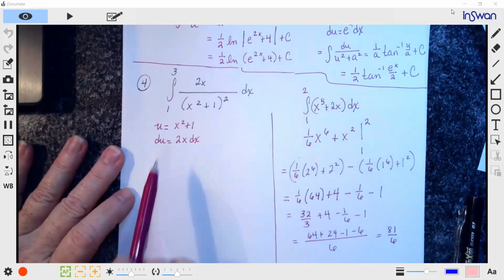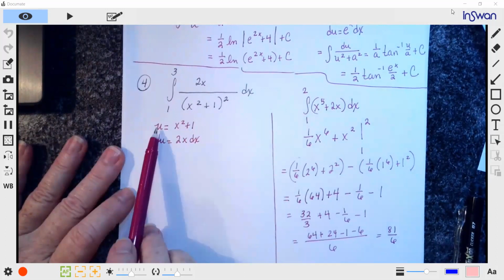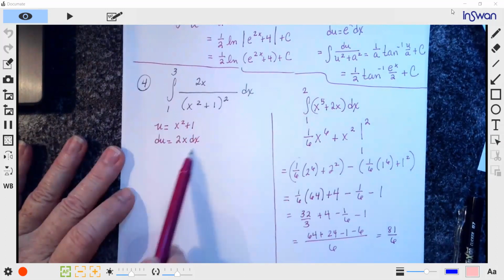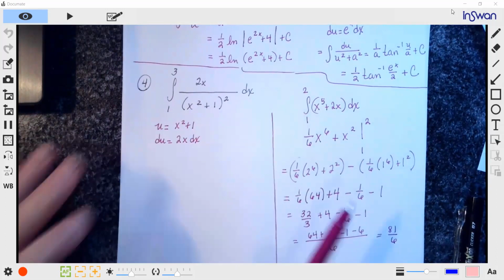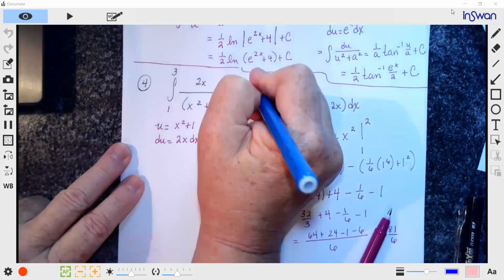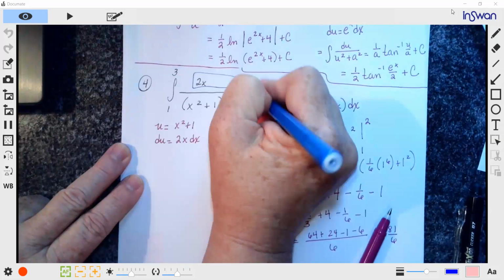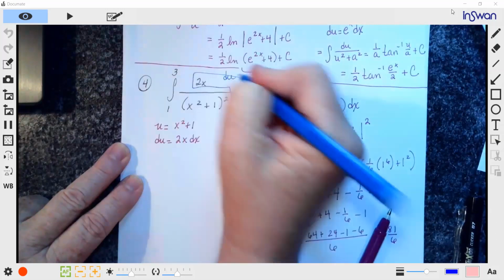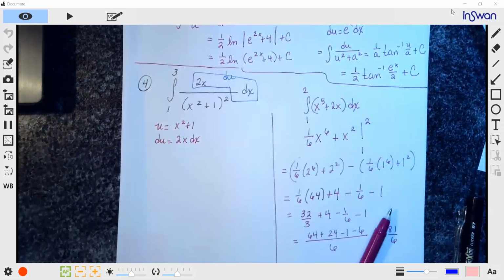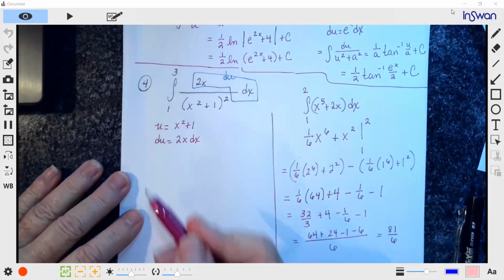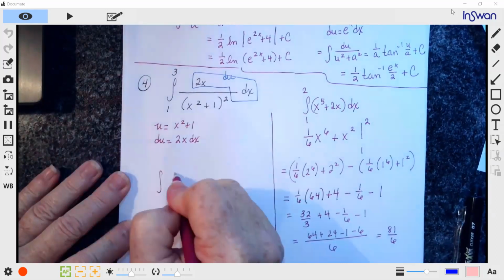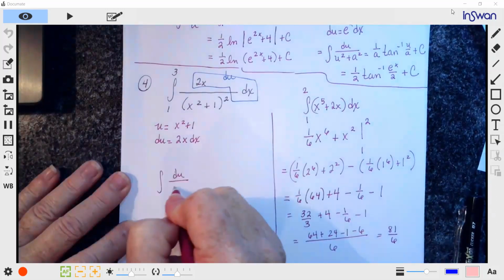Remember, to find du, you just take the derivative of u with respect to x and move the dx over to the other side. So this whole chunk right here is my du. So I have the integral of du over u squared.